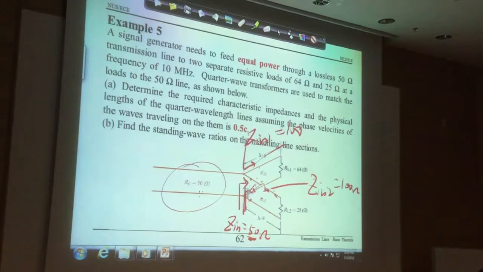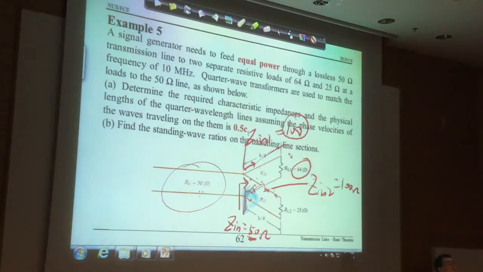Then we will use this. So then it's not difficult, right? Now we have 100 ohm, 100 ohm, and this 64.